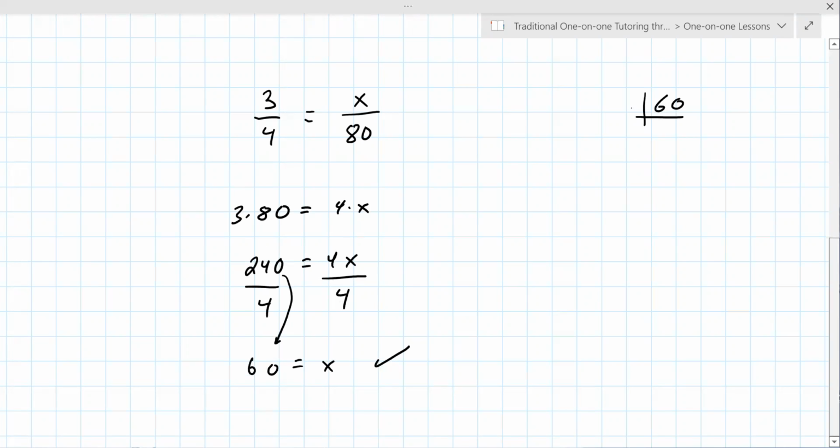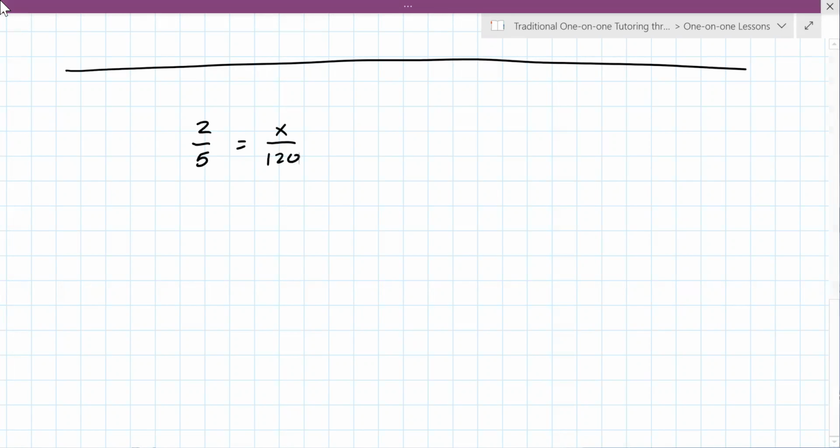Okay, so here's a slightly more difficult one for you to try. 2/5 equals x over 120. Go ahead and give that a try, please.